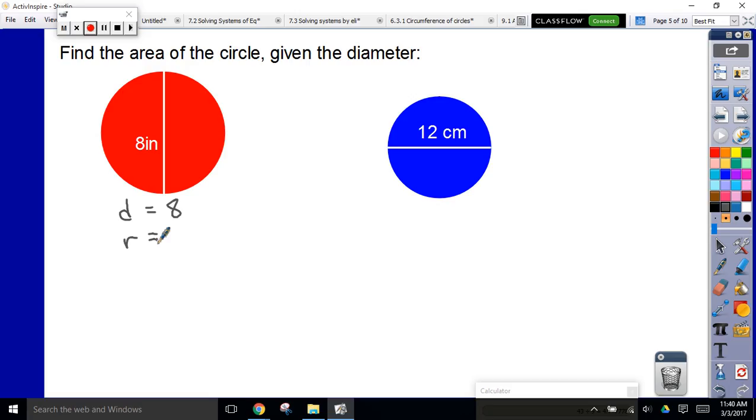let's see. Kayla, what's the radius? 4. So the radius is 4 inches. Megan, could you tell me how I would find the area?